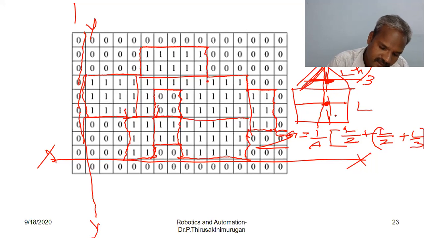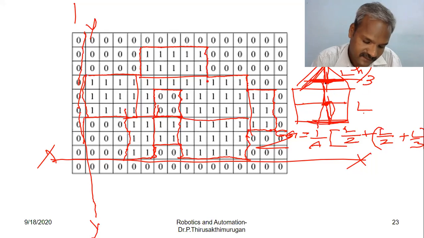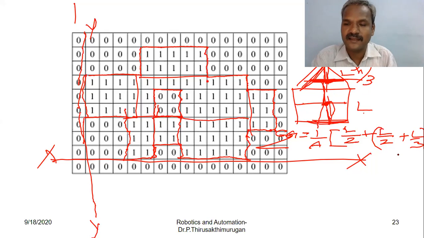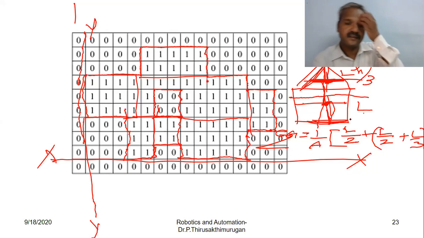Total length from the base, L by 2 and this value is L by 3, correct? If you calculate this, you will get the center of gravity line around here, not here, so around this line you can calculate easily.